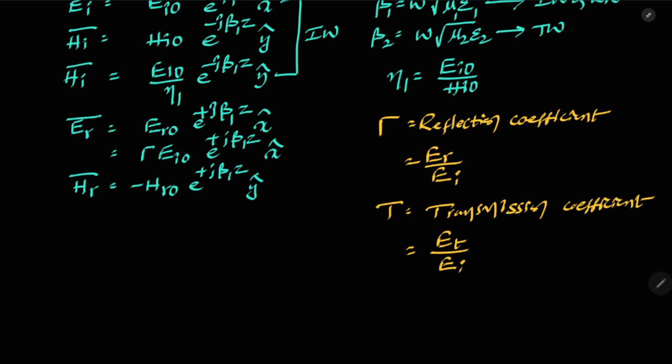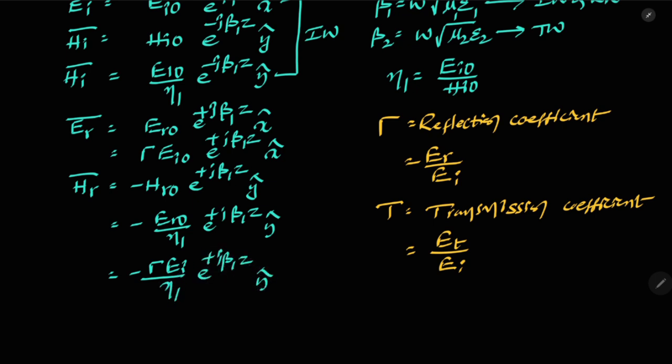Similarly, how to write this Hr naught? Hr naught can be written as Er naught by eta 1, e power plus j beta 1 into z into y cap. Again Er naught can be written as gamma into Ei from the previous expressions, so gamma Ei by eta 1 e power plus j beta 1 into z into y cap.